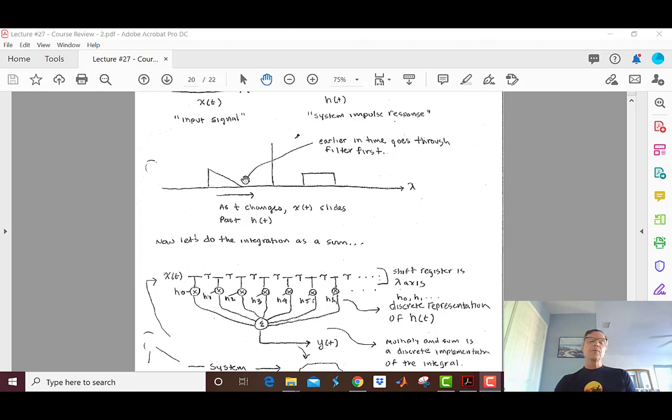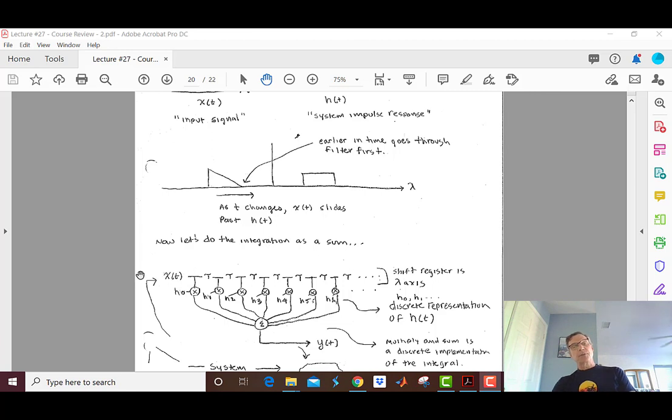But I'm just going to represent the integral using a sum. So here is what I'm going to call my lambda axis. And I'm going to divide it into little periods of tau. And this looks like a shift register, right?